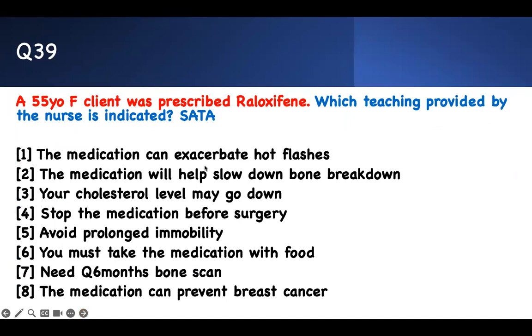39. A 55-year-old client was prescribed... You see, it looks the same as the dronate, but look at the last name, Risedronate. This one is what? Raloxifene. You can use the fen as their last name. These are different. This is an estrogen, a selective estrogen receptor modulator.